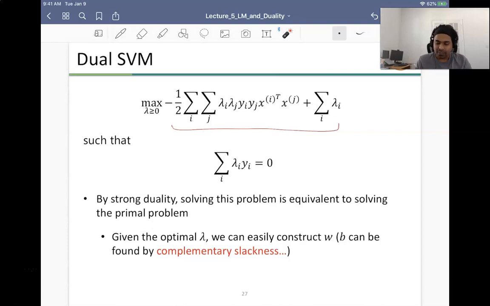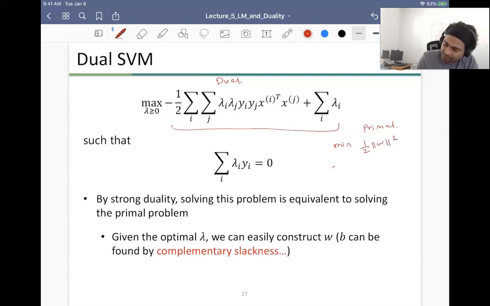So this is actually the dual problem. If you recall, what was the primal problem? The primal problem was the minimum of half of the norm of w squared, subject to the constraint that y_i multiplied by (w transpose x_i plus b) is greater than or equal to 1.